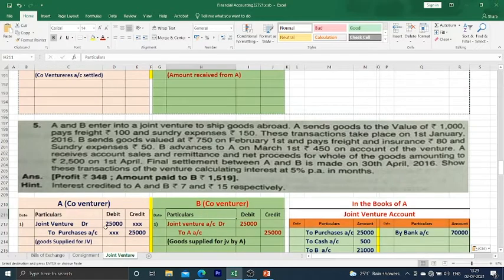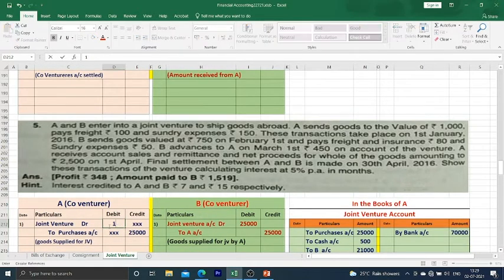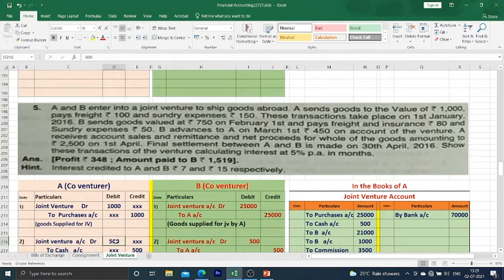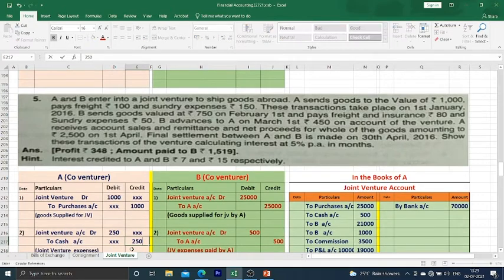Joint venture account debit to purchases 1000, and pay freight 100, sundry expenses 50. Joint venture to cash 250. These are the entries from problem number 3.